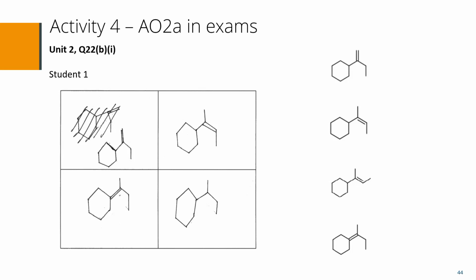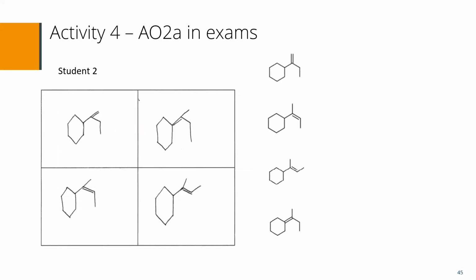And hopefully that wasn't too difficult one for you. You should be able to spot that that one's correct, that one's correct, that one's correct, and that one is incorrect. So this student scores 3 marks. There's the second one.